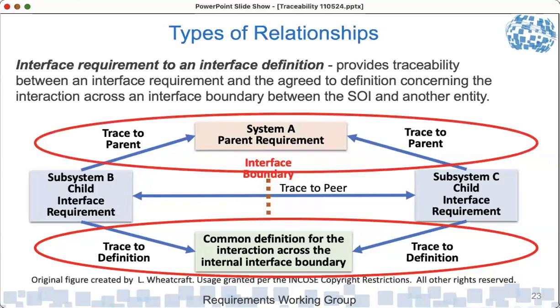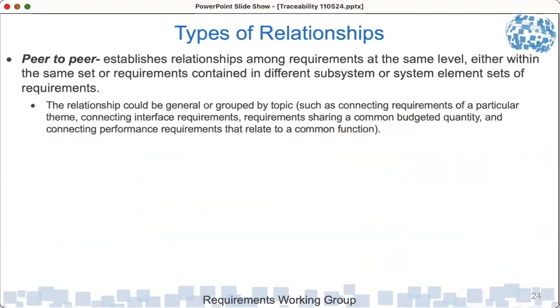You also see in here that subsystem B and C child requirements are in response to a system A parent requirement. So we have the trace to parent, but also because these interface requirements show a relationship between the subsystems, we also have a trace to peer. That's one of the key types of relationships, the peer-to-peer relationship.